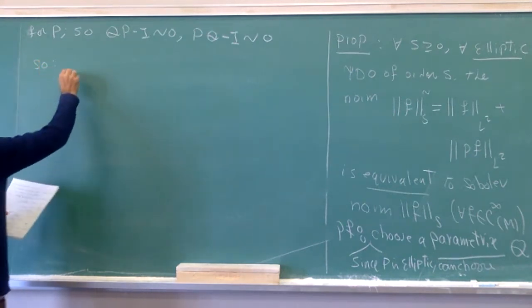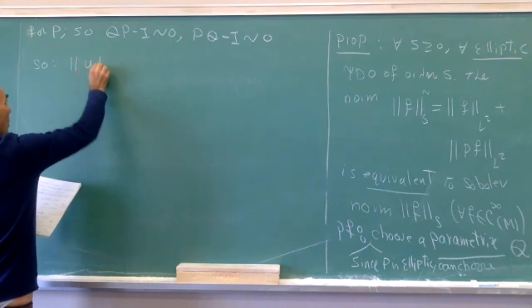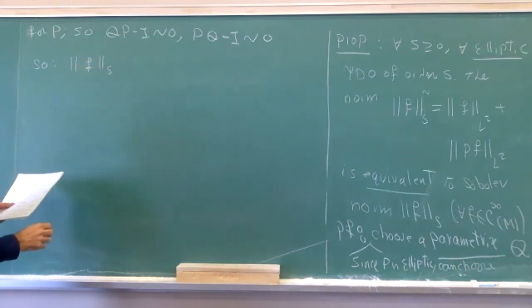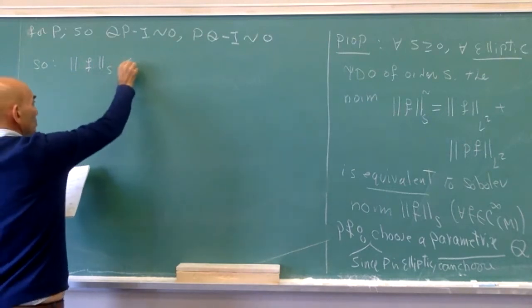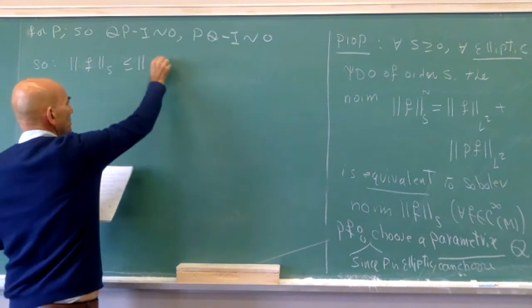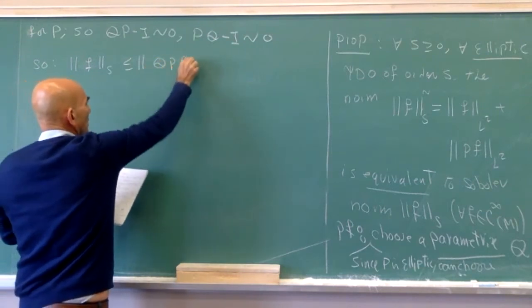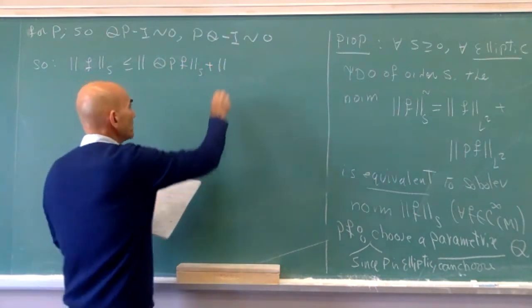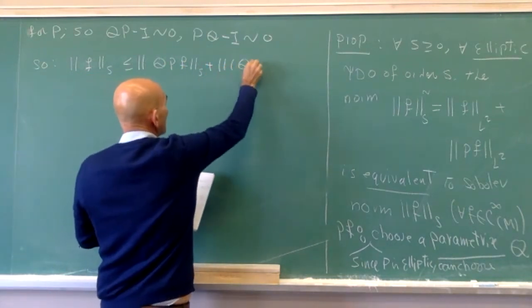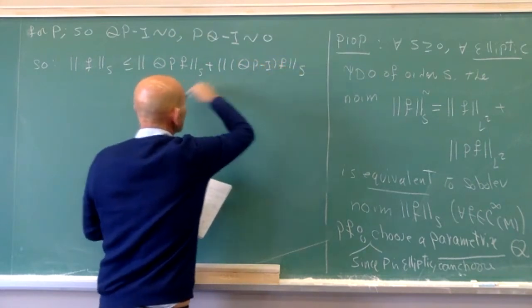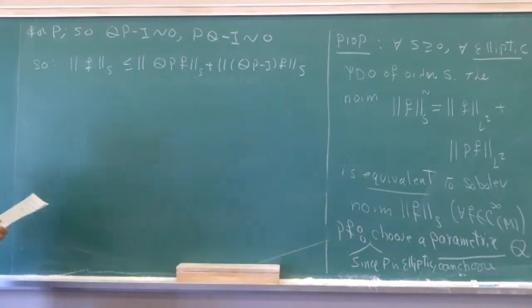So then a norm. Say U of S, maybe not F, to be consistent with my notation, is less than or equal to, you just use the triangle inequality. This is norm QP F S plus norm QP minus identity. This is just the triangle inequality, right?